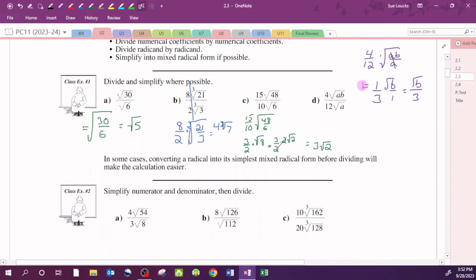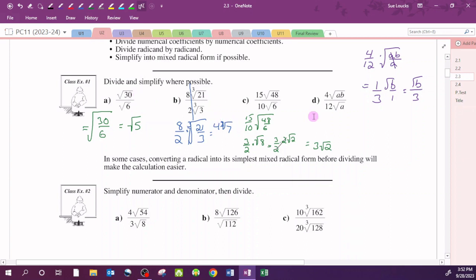Sometimes converting a radical to its simplest form before dividing makes the calculation easier. And sometimes, if it's not, I don't know how you know if it is. Like in these ones, I knew that was going to divide into that. 6 is a factor of 30, so that was going to divide.